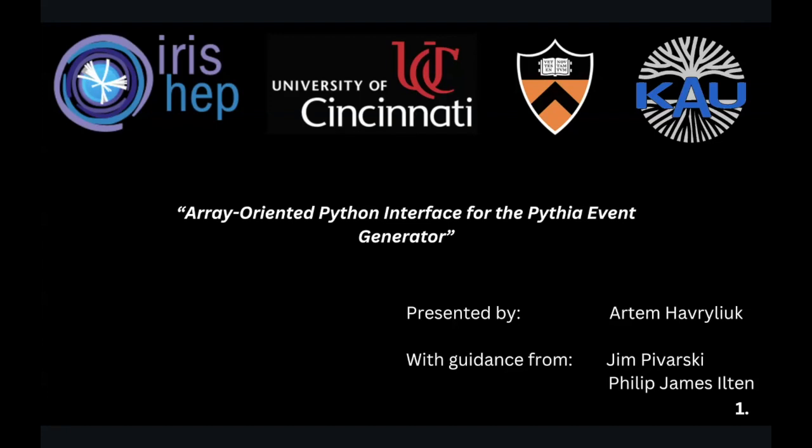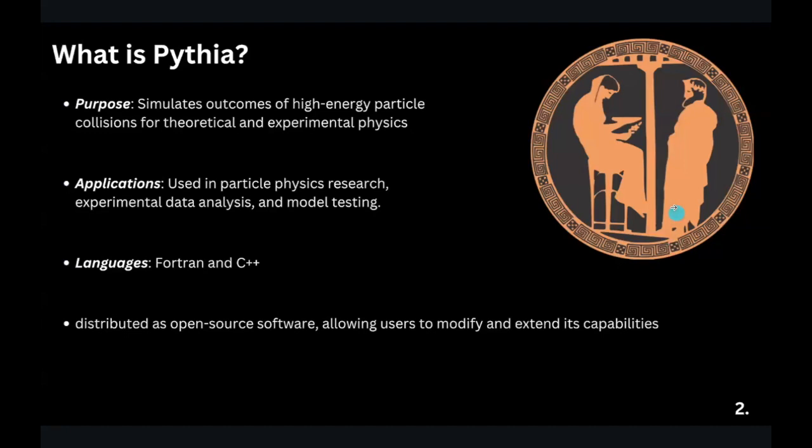The topic of my project is an array-oriented Python interface for the Pythia event generator, and we need to understand what Pythia is and what the problem with it is. The Pythia event generator is a sophisticated open source software tool used primarily in high energy physics to simulate the outcomes of particle collisions, such as those that occur in particle accelerators like the Large Hadron Collider.